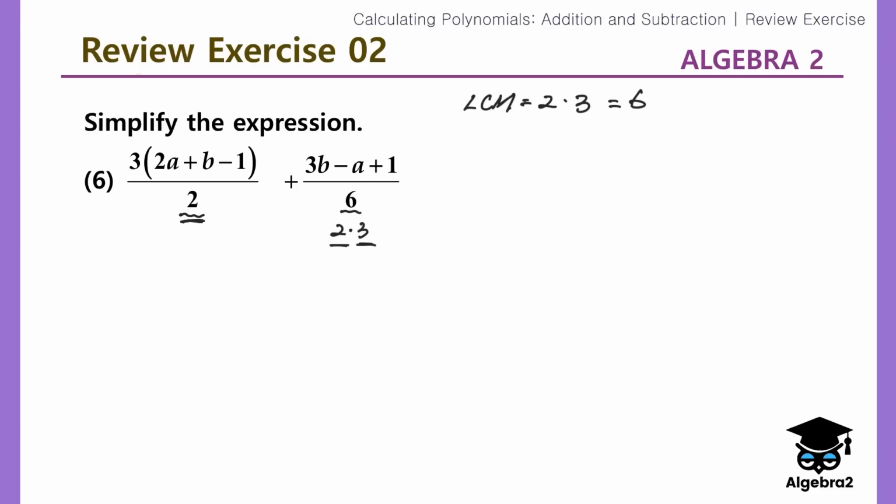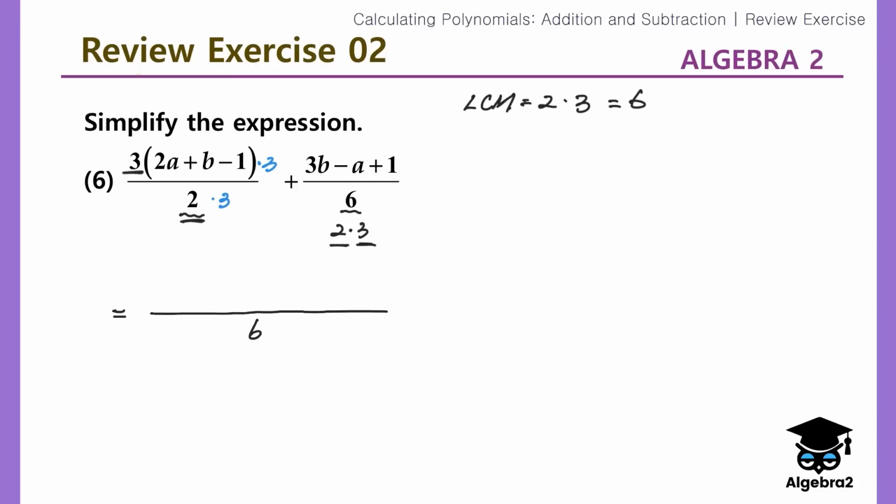So what I'm going to do is multiply by 3 here, 3 here, to make this denominator 6. And this denominator is a 6 already, so I don't need to do anything, right? So let's rewrite this expression. That is equal to common denominator 6.